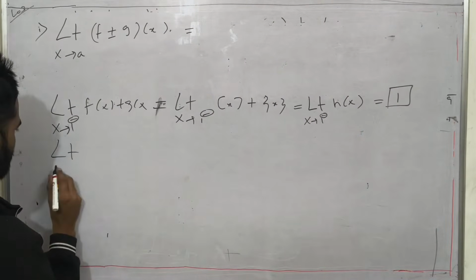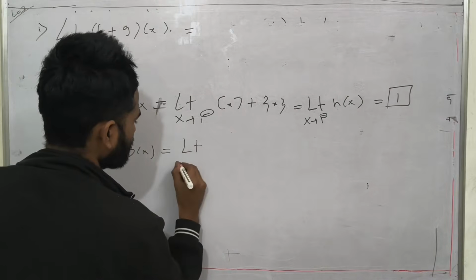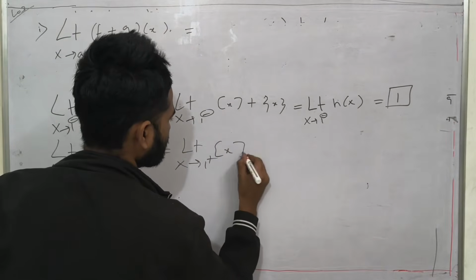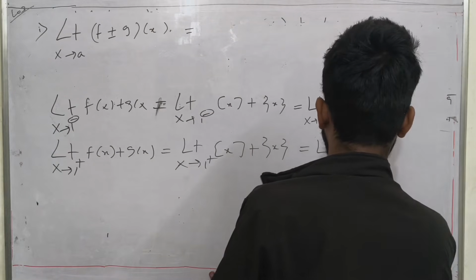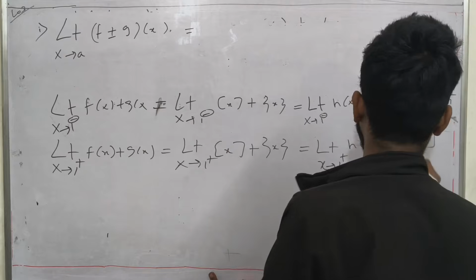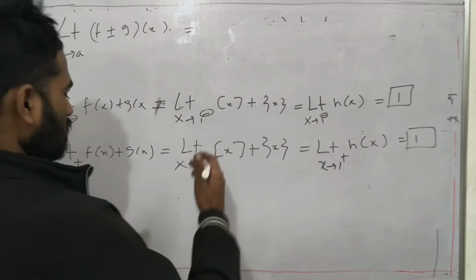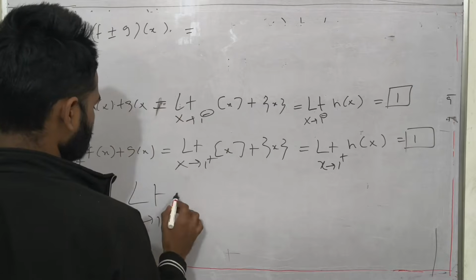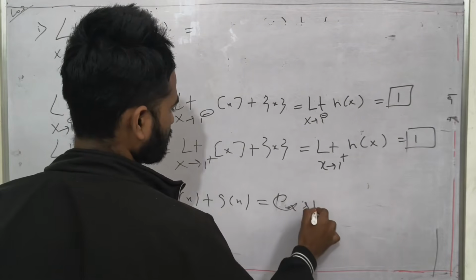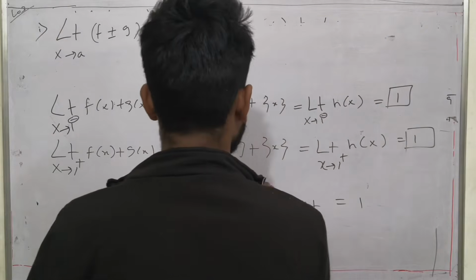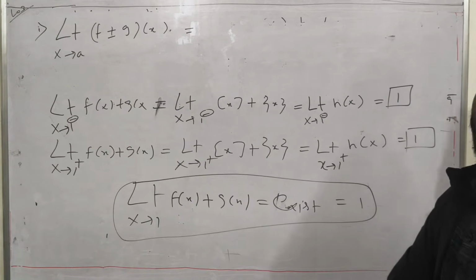Similarly, limit x tends to 1 plus of f of x plus g of x equals limit x tends to 1 plus of step x plus flower part of x, equals limit x tends to 1 plus of h of x equals plus 1. समझ में आ रहा है? देखो, means we can say limit x tends to 1 of f of x plus g of x exists and equals 1.